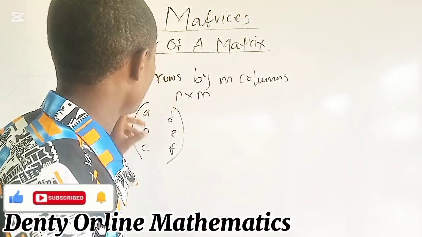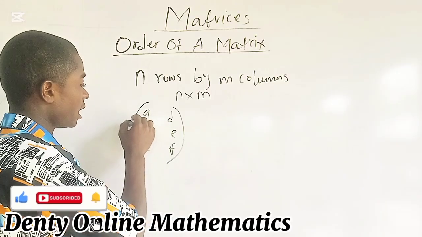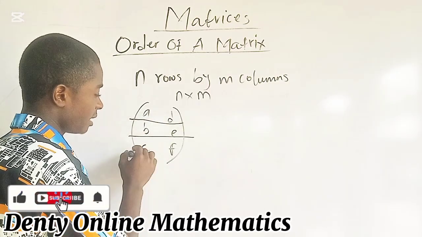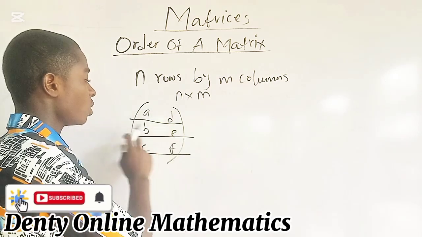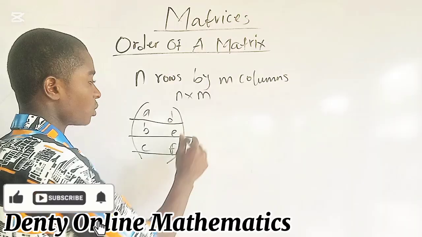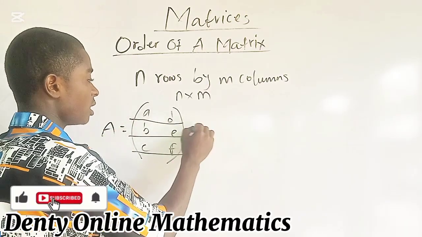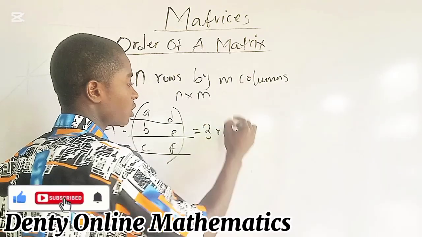Take note of that. So if we have this now, what are the rows? The rows here are A and D, B and E, C and F. So therefore we have 1 row, 2 rows, and what? 3 rows. So this matrix A is represented by 3 rows.